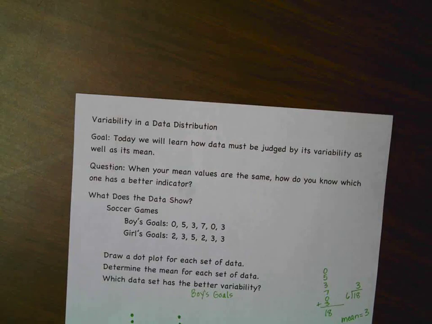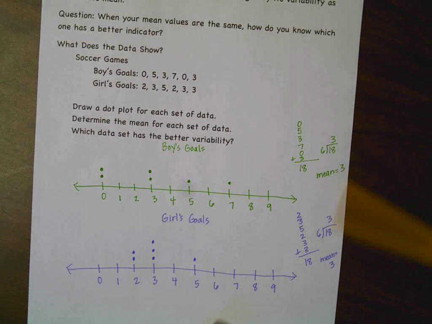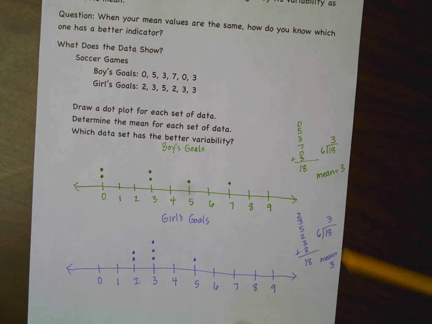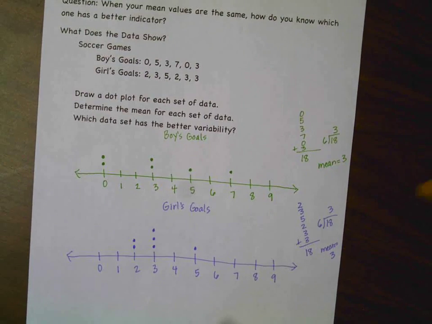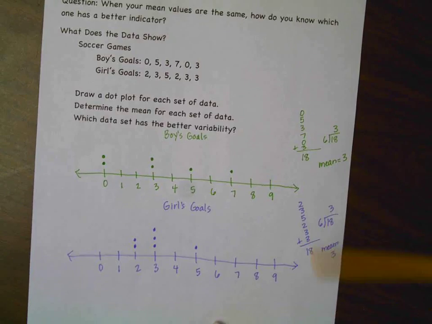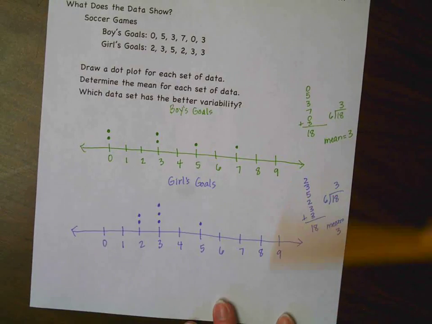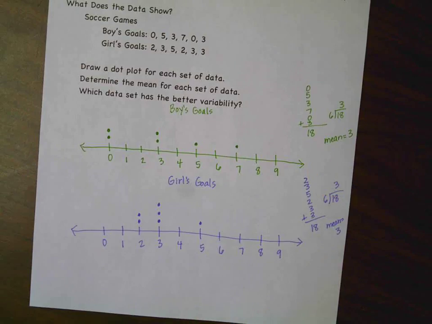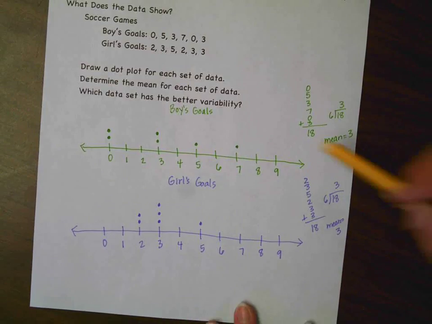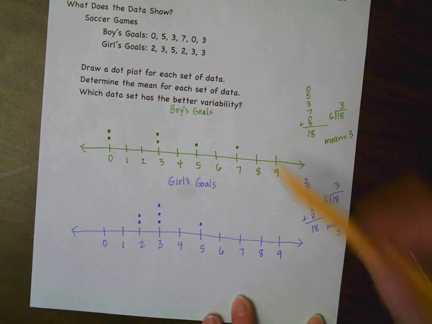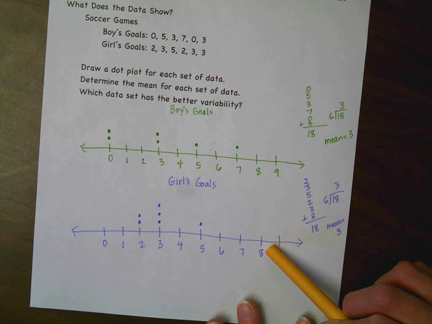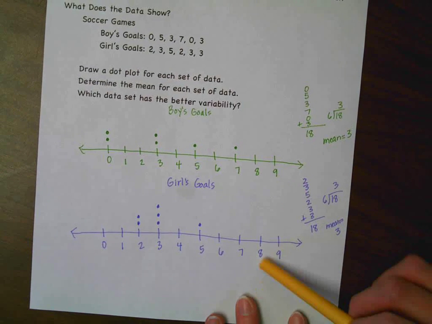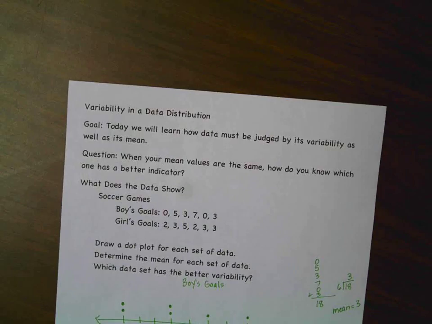So today we learned that data must be judged by its variability as well as its mean, because both teams have a mean score of 3, but that does not tell us anything about the variability. What tells us about the variability is how those points are spread out and how they look on the graph, and the graph really does tell us. So I would say high variability on this one, and low variability on this one. So boys is high and girls is low.